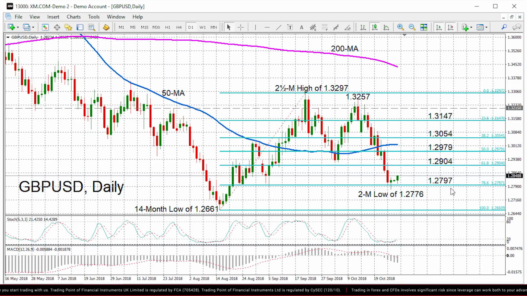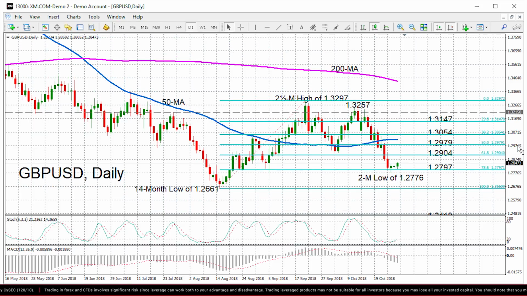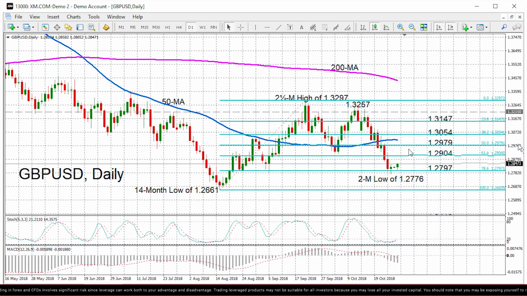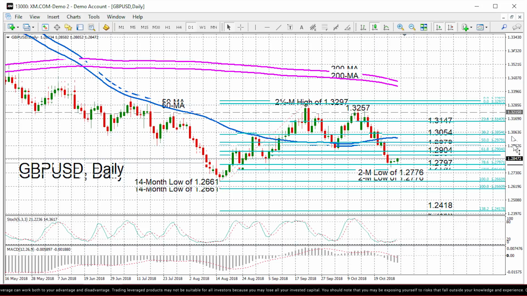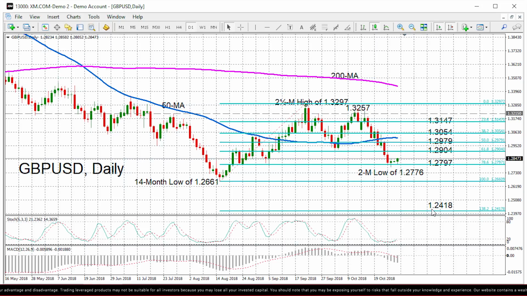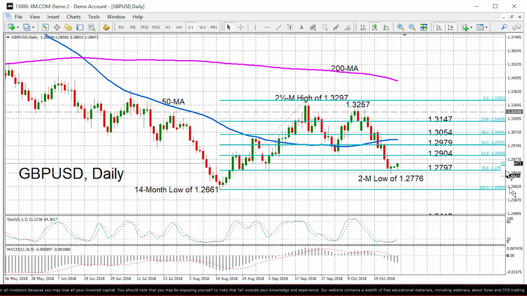If we were to see a break below that support area, and the pair heads towards that 40-month low of 1.2661 from back in mid-August, that would shift the current neutral medium-term outlook to a bearish one, and then the next support further down would come from 1.2418, which is the 138.2% Fibonacci extension.